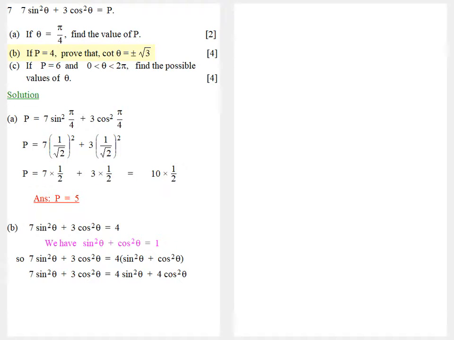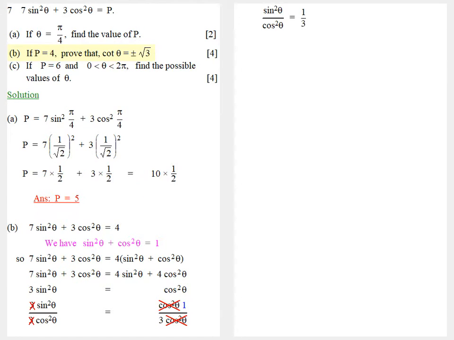Now if we subtract 4 sine squared theta from each side and 3 cos squared theta from each side, we'll end up with 3 sine squared theta equals cos squared theta. Now we can divide both sides by 3 cos squared theta. The 3's cancel on the left-hand side, and on the right-hand side the cosine squared thetas cancel.